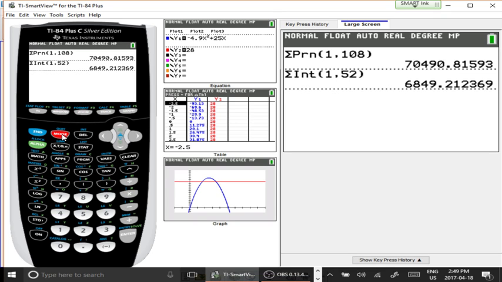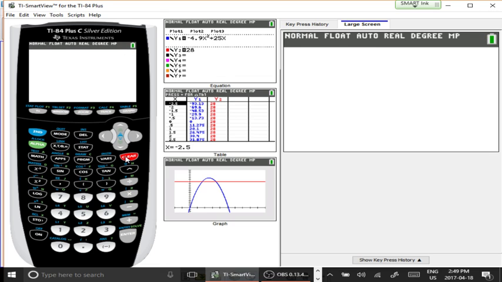You can press second quit if you're in some other kind of screen, and you might as well erase everything on the screen to start with a fresh slate. Once you have a fresh slate, if you want to figure out what 13 factorial is, all you have to do is type the number 13, and then the factorial button.